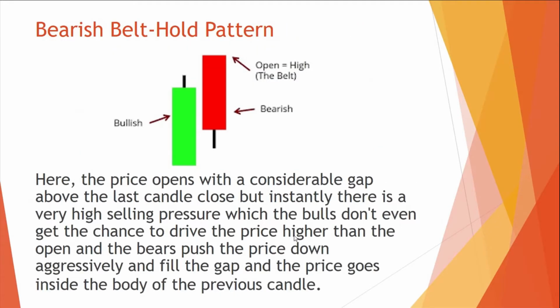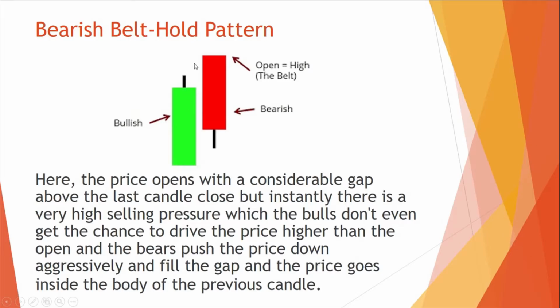Bearish belt hold pattern. This is just the opposite of the bullish belt hold pattern that we have seen. And here the price opened with a considerable gap above the last candle. But instantly there is very high selling pressure, so the bulls don't even get a chance to drive the price higher than the open, and the bears push the price down aggressively and fill the gap, and the price goes inside the body of the previous candle.